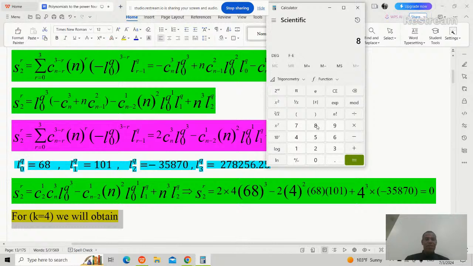I will just write 8 times, learners, 68 squared to the power 3, because L0 for the q to the power 3. L0 is 68, raised to the power 3.